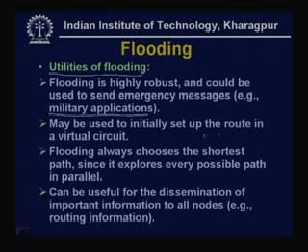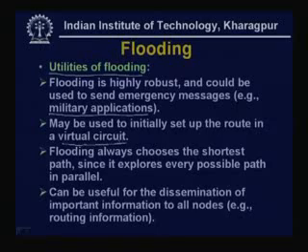Then it can be used to initially set up the route in a virtual circuit. As we know, in a virtual circuit initially a route is set up. The question arises how it will be set up. It can take help of the flooding algorithm to find the best possible route.